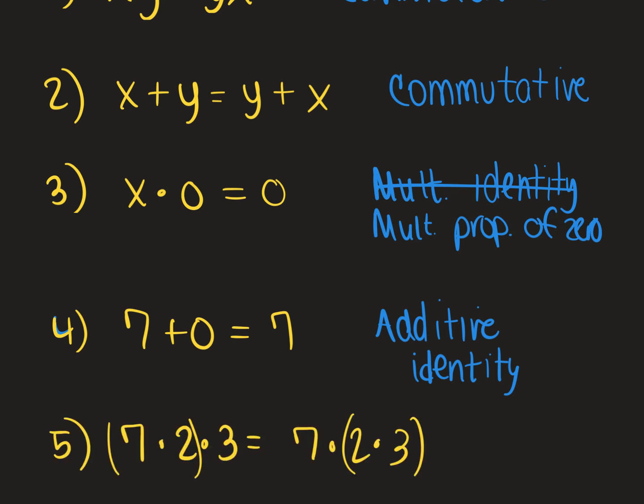All right, your next question, what property is this? That would be the associative property. I'm regrouping things. If I multiply 7 times 2 and then times 3, 14 times 3, it's the same as 7 times 6.